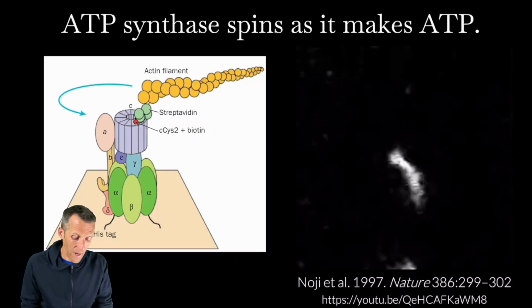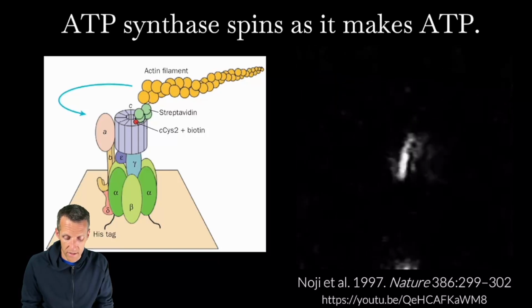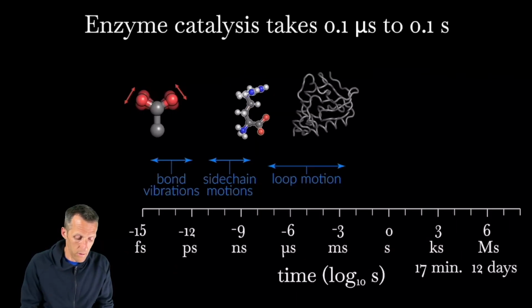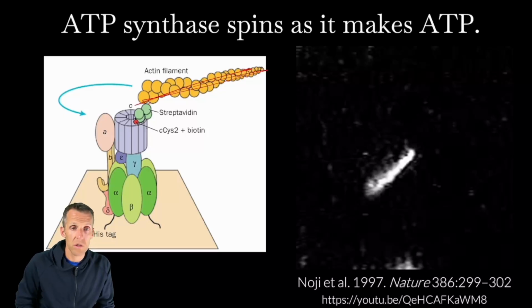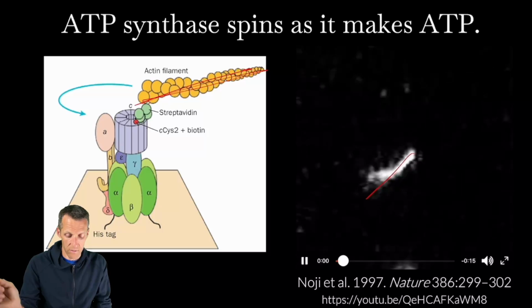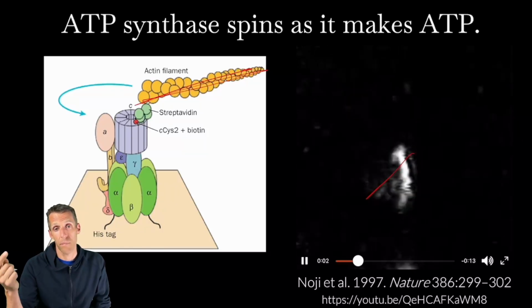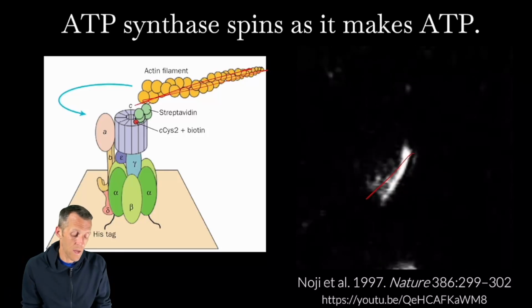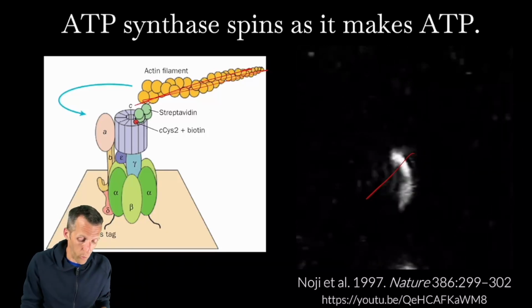And not only is it a cool mechanism, but we can actually observe it in a test tube or in a microscope. What we're actually seeing here is a long chain of labeled actins spinning around in response to the generation of a proton gradient, basically. So we can actually see the motion under a microscope. So again, protein motion is really important for protein function.